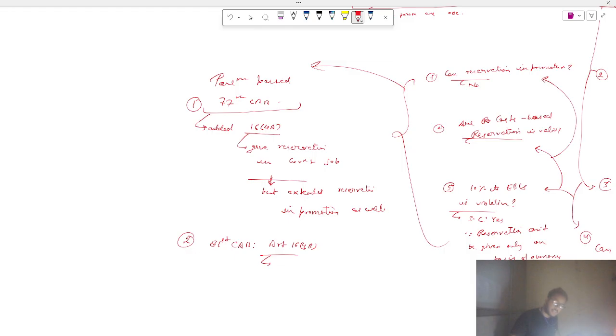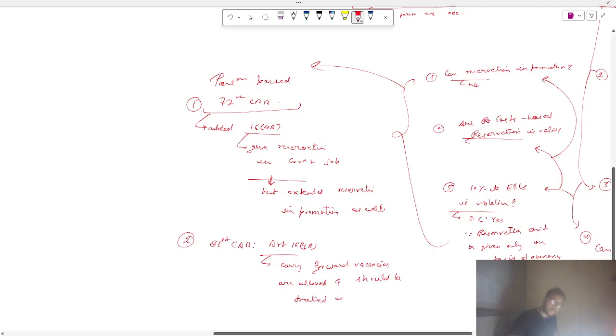In this, they said that carry forward vacancies are allowed and should be treated as a separate class of vacancies. Therefore, they are not considered under the 50% limit.